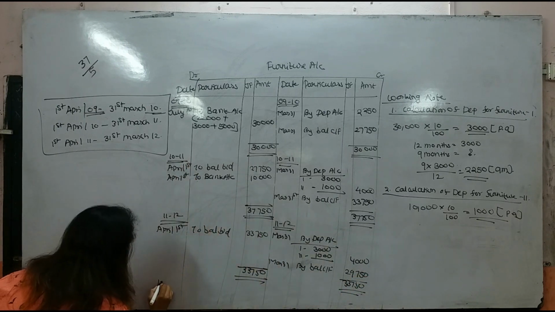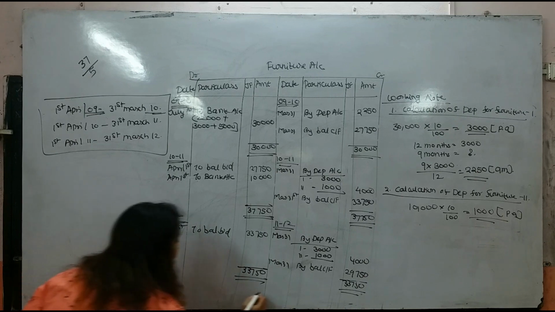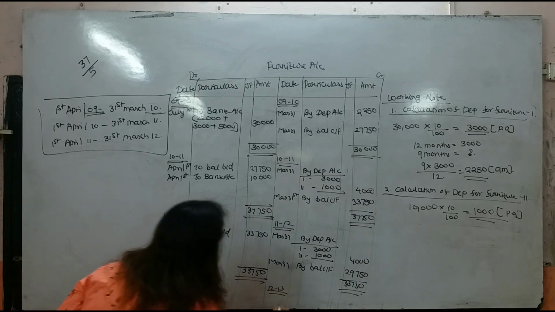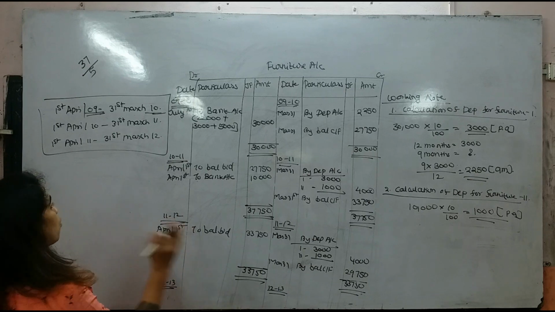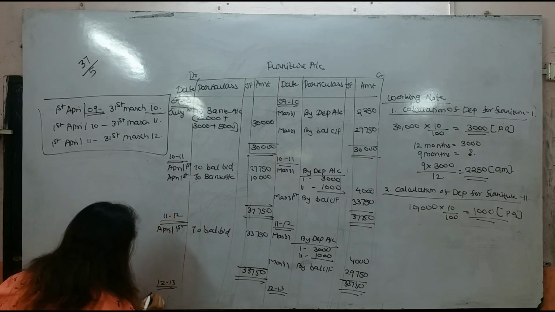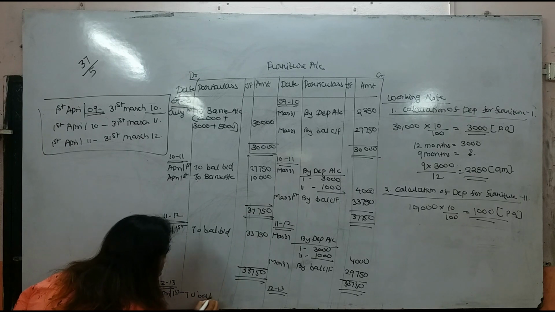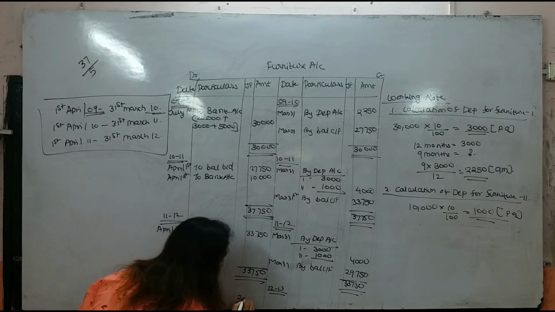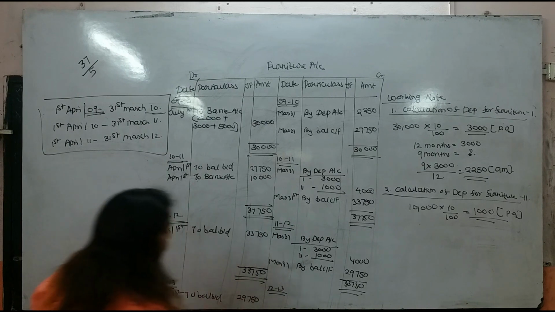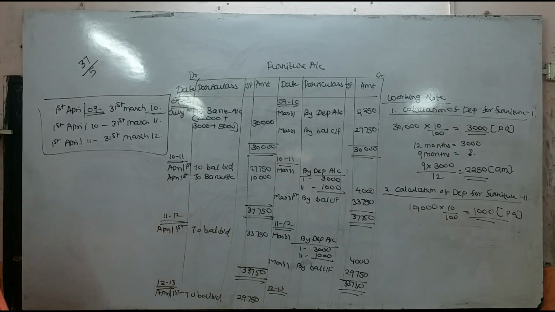Now we will just do the beginning of the next year and we will stop here, because they have asked us to prepare the furniture account for 3 years. We are already done with 3 years. April 1st, balance brought down will be 29,750. This was student problem number 5.